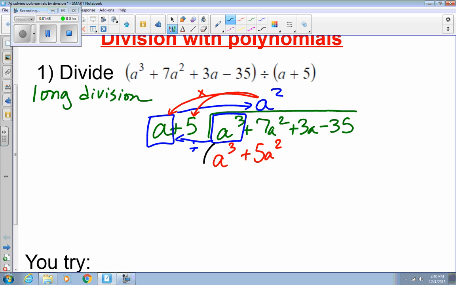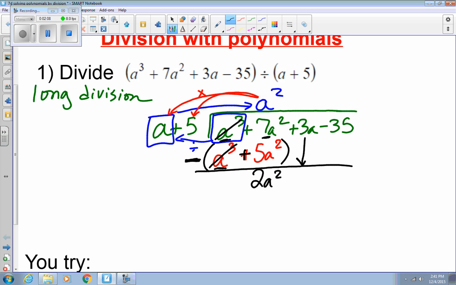Then we subtract each term, just like you did in elementary school. A to the third subtract a to the third is 0, those cancel out. 7a squared minus positive 5a squared is 2a squared.